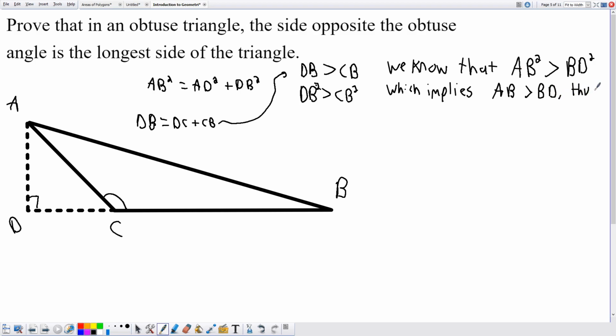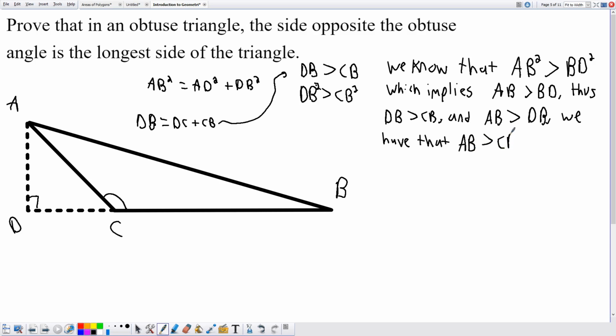Thus, since DB is greater than CB and AB is greater than DB, we have, by what is called the transitive property, that AB is greater than CB.